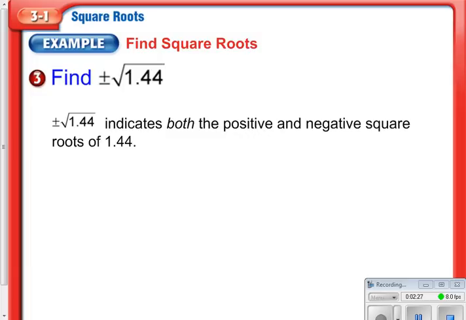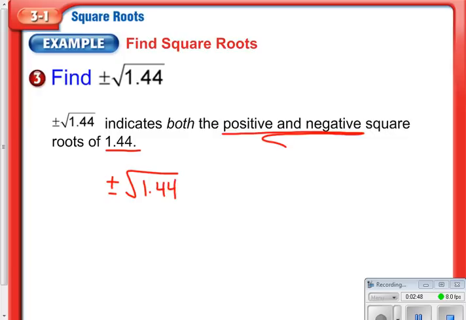Example 3, you'll notice you have plus or minus the square root of 1.44. The plus or minus indicates that it is a positive and negative answer for the root of 1.44. So again, your answer would be plus or minus here, covering the positive and the negative aspect of the square root of 1.44.